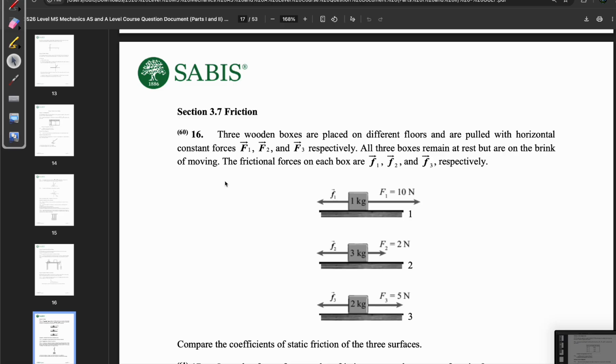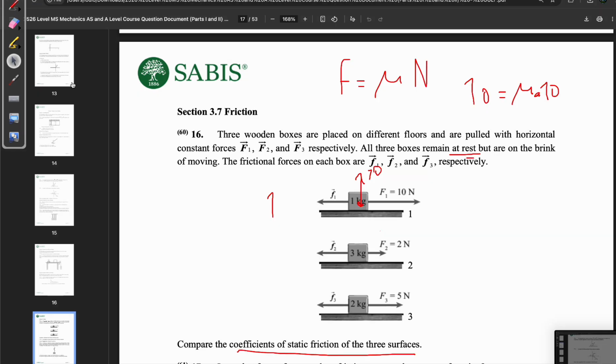Okay, look, this is where the annoying thing comes in. We're basically going to find the coefficient of friction. In this question, they want us to basically rank the coefficients of friction. So first let's do the weight.